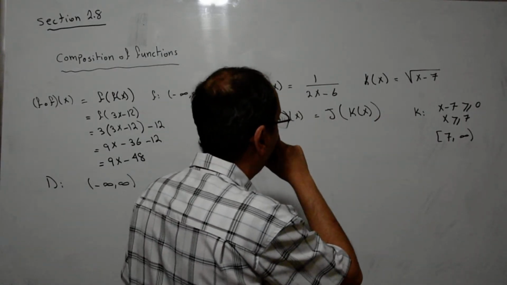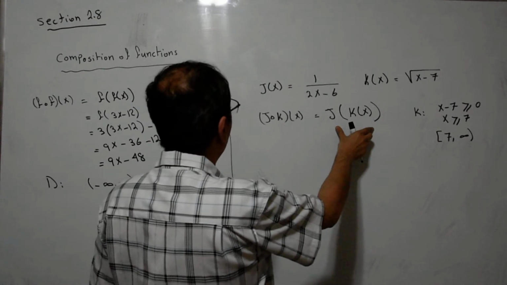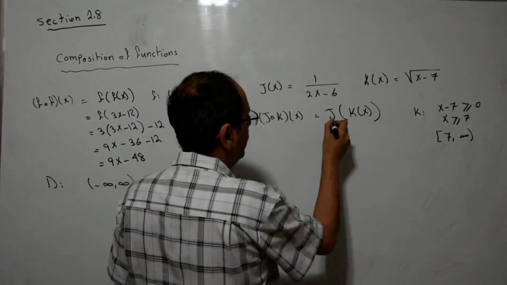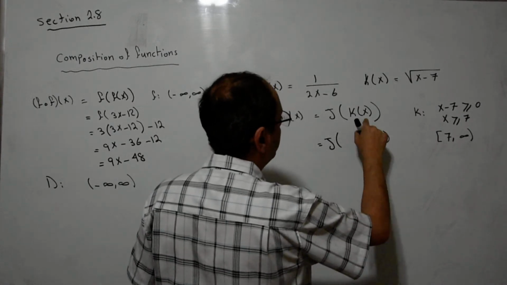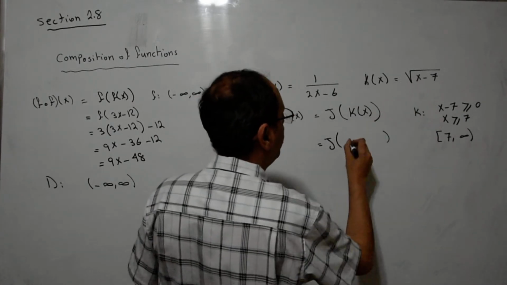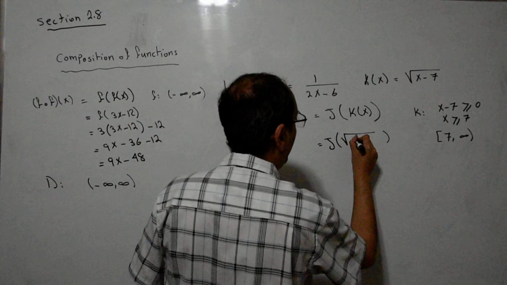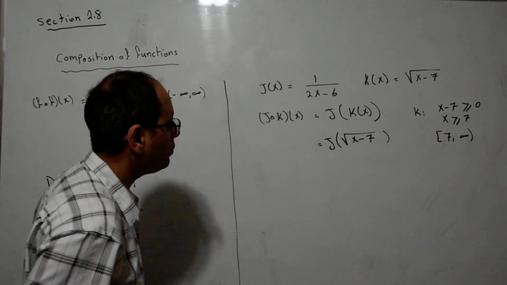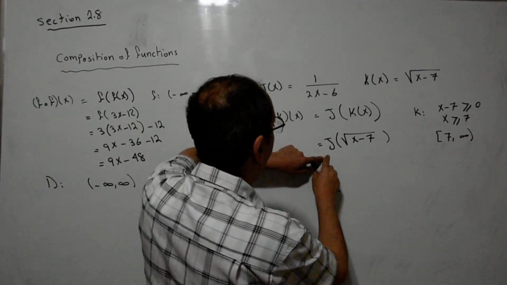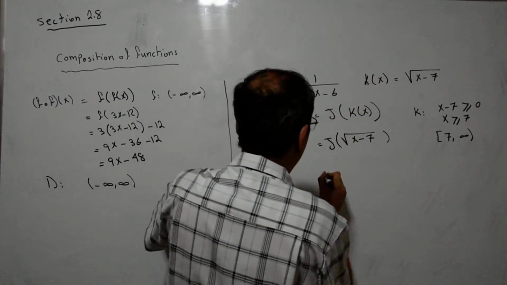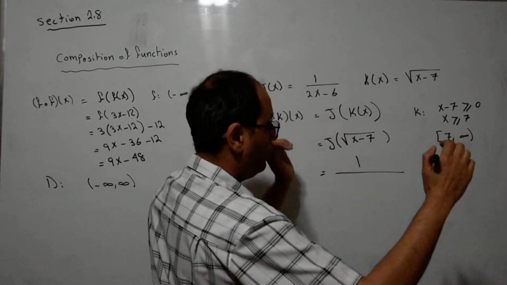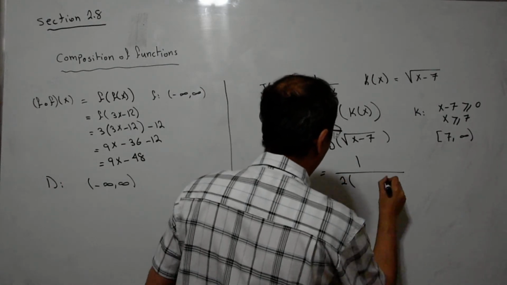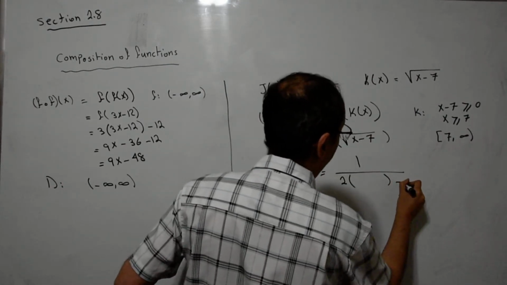Now, I'm going to do the composed function. So j of, what is k of x? The square root of x minus 7. Now, let's do the pattern of j. So j is 1 over, and for each x use a parenthesis, 2 times parenthesis minus 6.